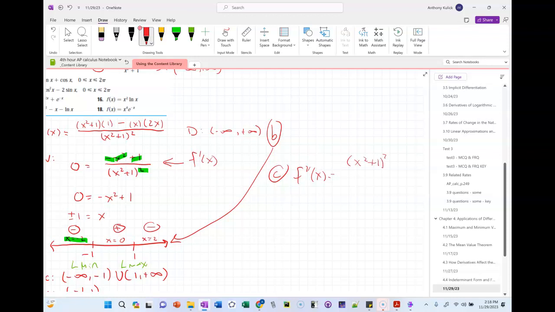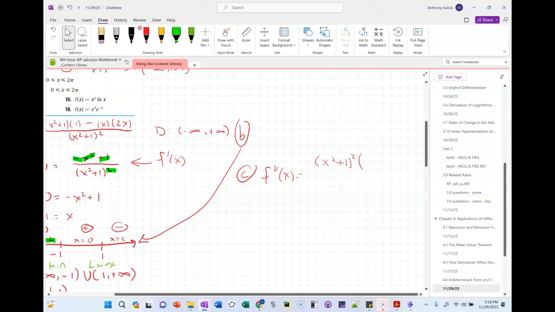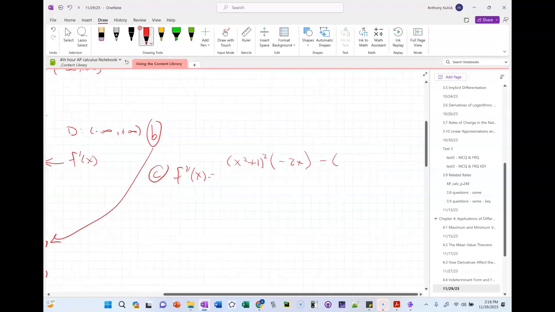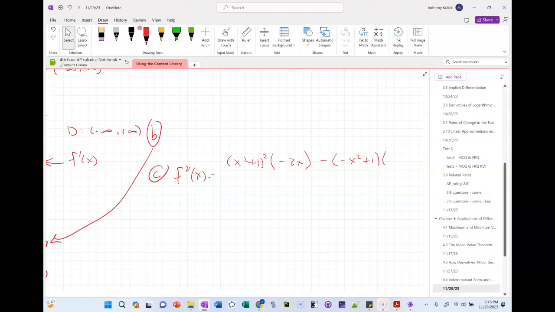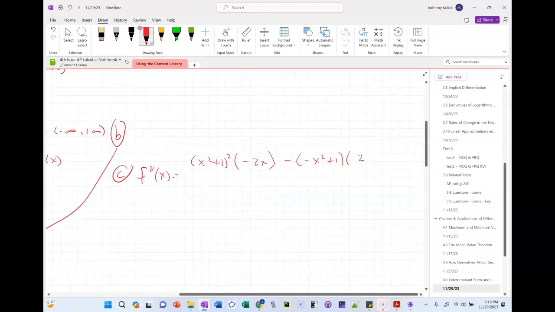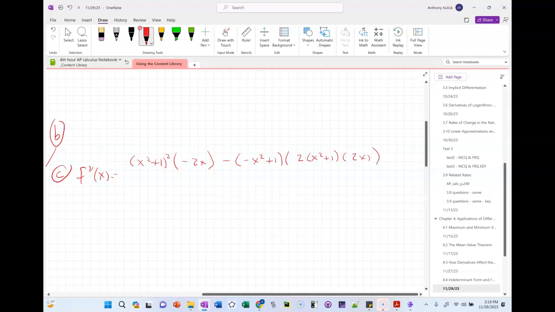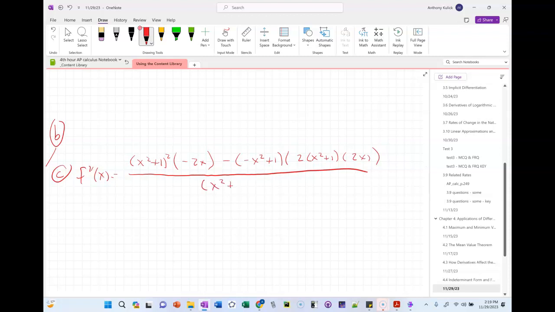So I have the bottom times the derivative of the top, minus the top times the derivative of the bottom. To do that, I need to do a chain rule. Oops, and now that's to the fourth.